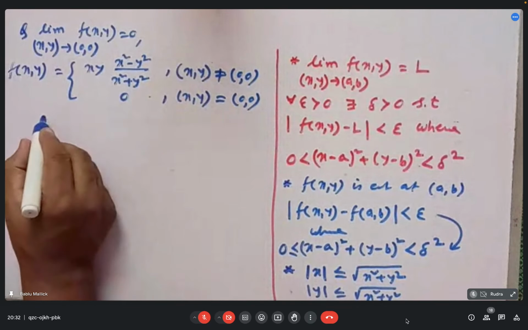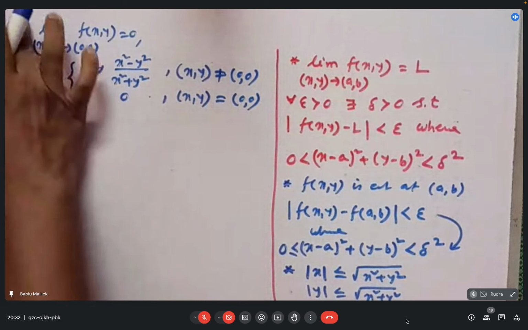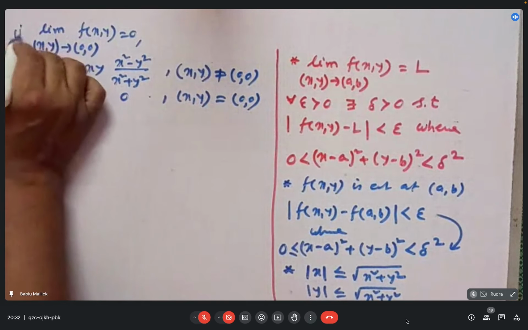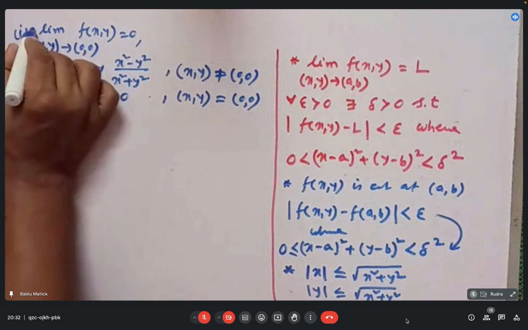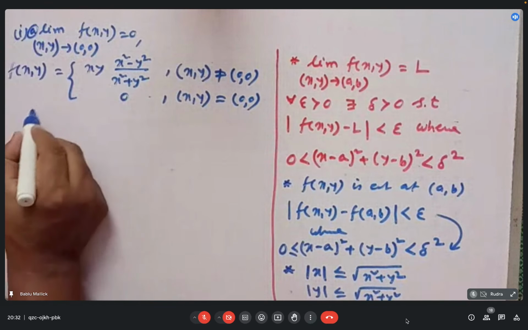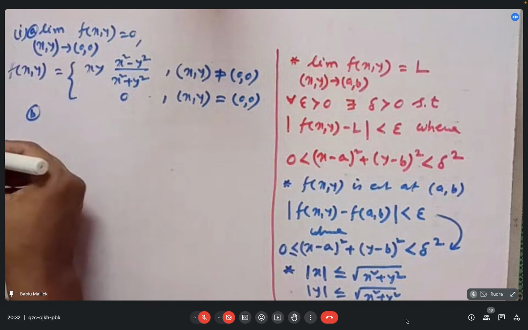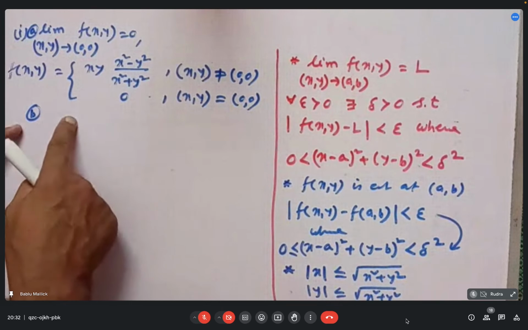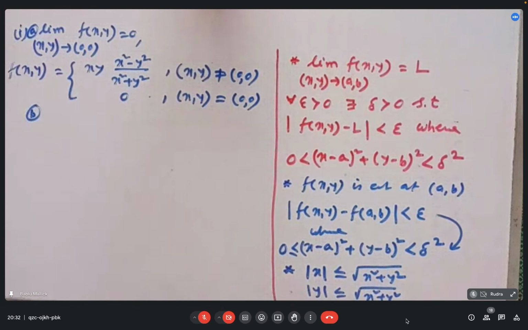Okay, this is question number 1. Write question 1a and question 1b, the same type, so that f(x, y) is continuous at (0, 0).